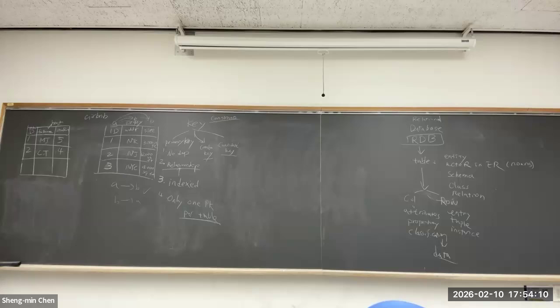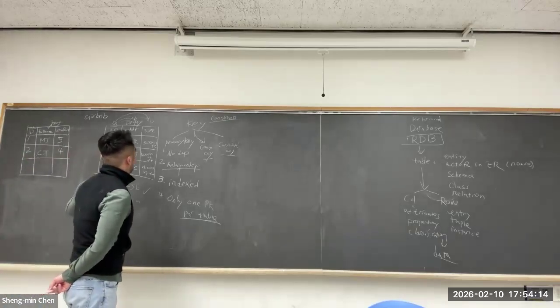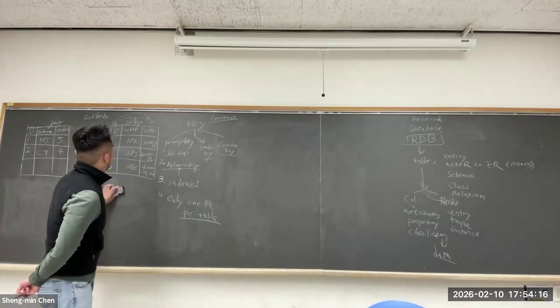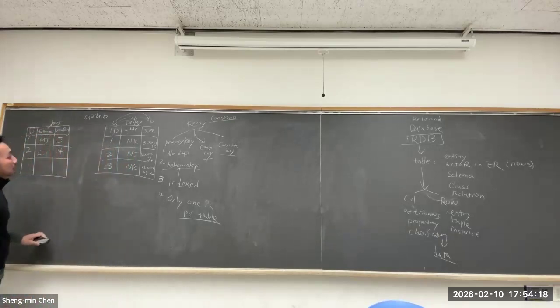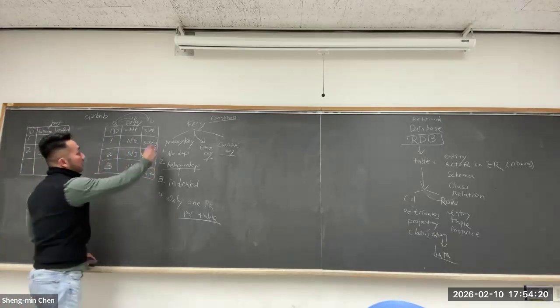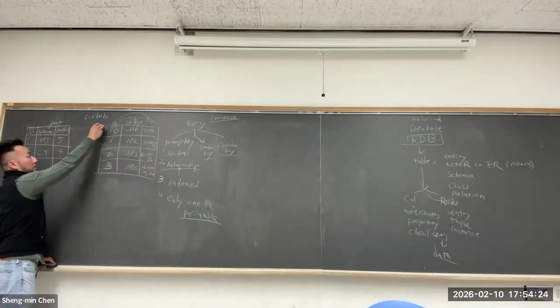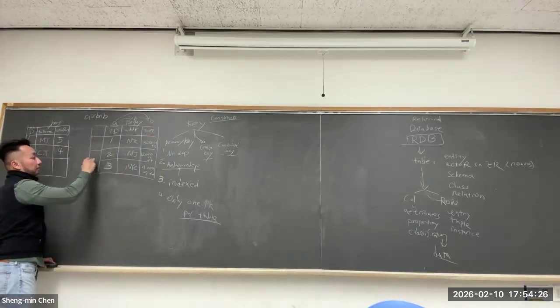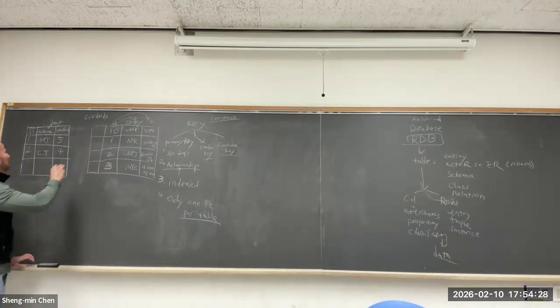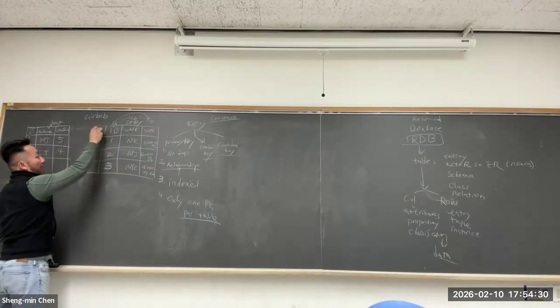So, in this case, I would like to draw it over here, but we don't have space, so I'm just going to draw it over here. Excuse me for that. I have a HID.